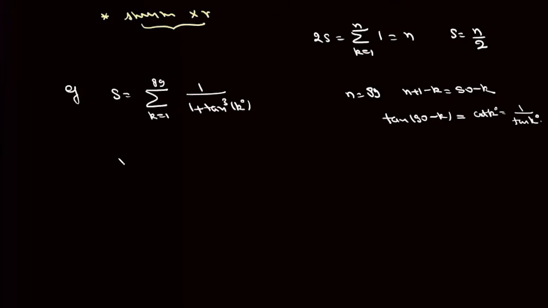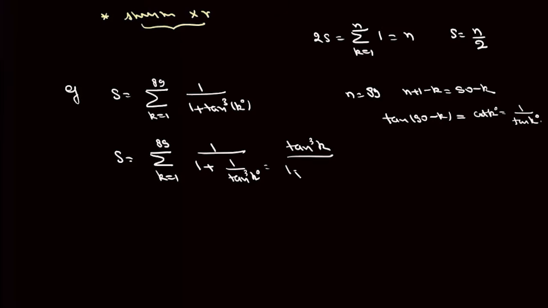So we can write this series as the summation k varies from 1 to 89, 1 upon 1 plus, now this is tan of 90 minus k, cot k will be 1 upon tan cube k degrees, or tan cube k upon 1 plus tan cube k.